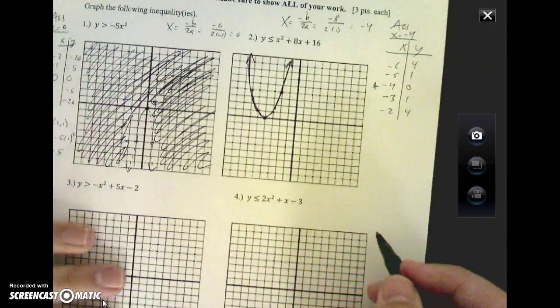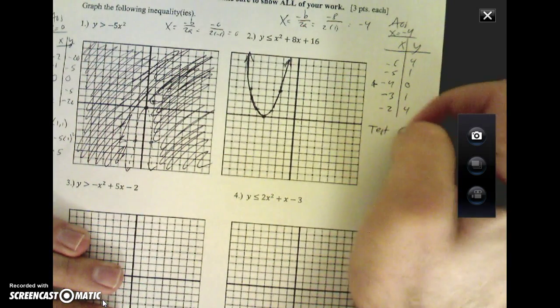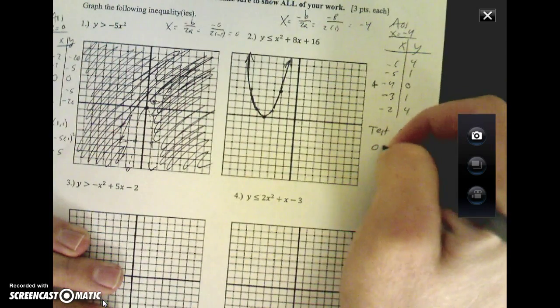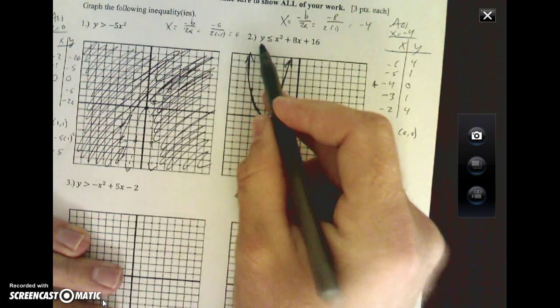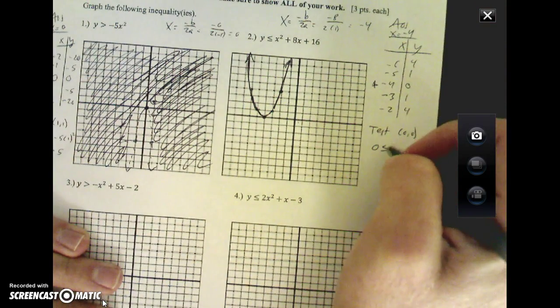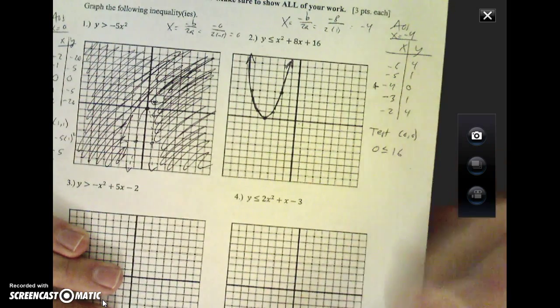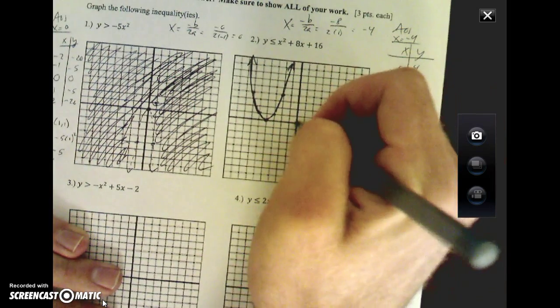Alright, I'm going to do a test point. We'll do 0, 0. So test 0, 0. 0 is less than or equal to, and I'm putting 0 in for y. Less than or equal to 0 squared plus 8 times 0 is 0, and then 16. Do you guys think 0 is less than 16? I'm hoping that we're saying a resounding yes. So that means that this point works.